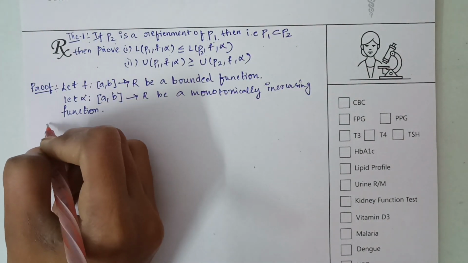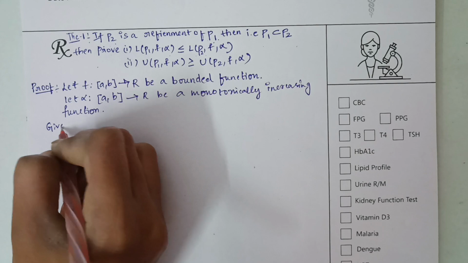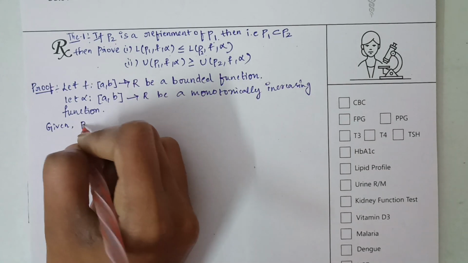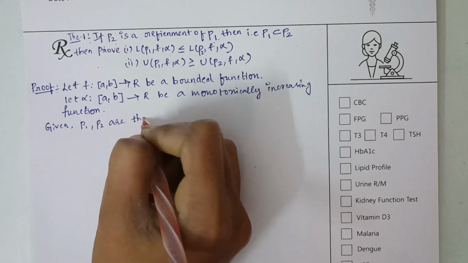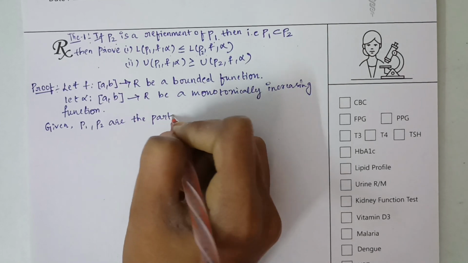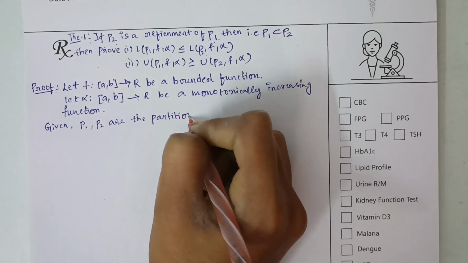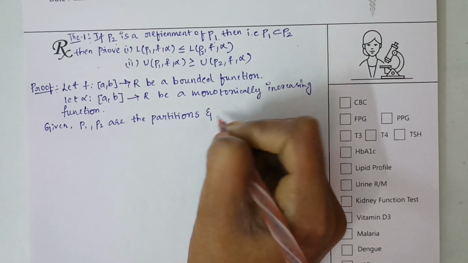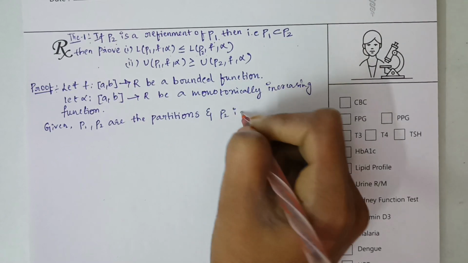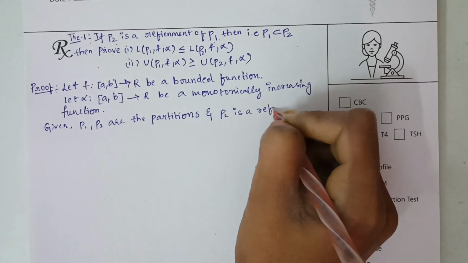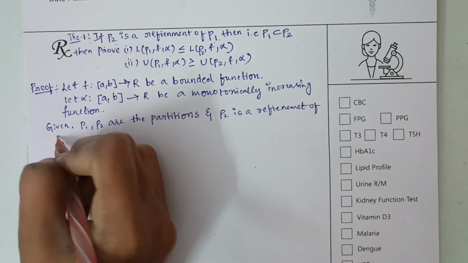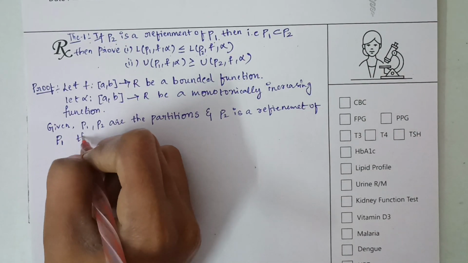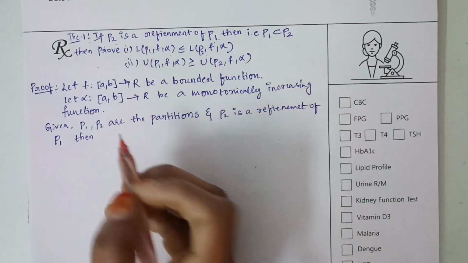Therefore, write here given P1, P2 are the partitions and P2 is a refinement of P1, then we need to prove, write these two conditions.